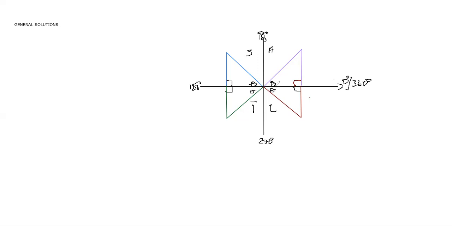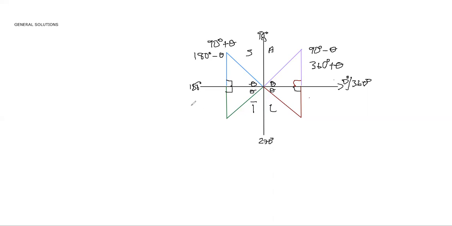So remember, theta was our angle, and I said in this quadrant, we are dealing with the reduction 90 degrees minus theta. I also said in this same quadrant, we are dealing with the reduction 360 plus theta. In this quadrant, we are dealing with the reduction 90 plus theta and the reduction 180 minus theta.